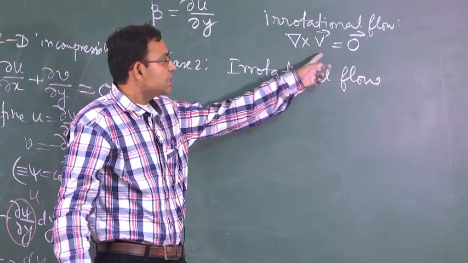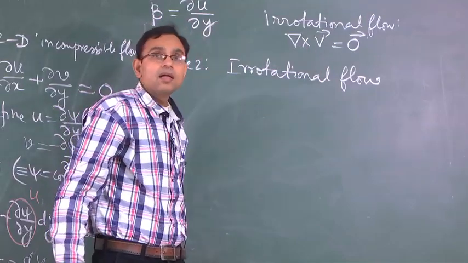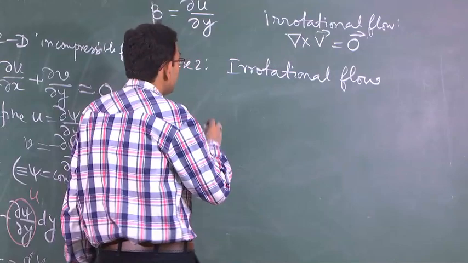Already we have defined what is irrotational flow, and there is an important vector identity.